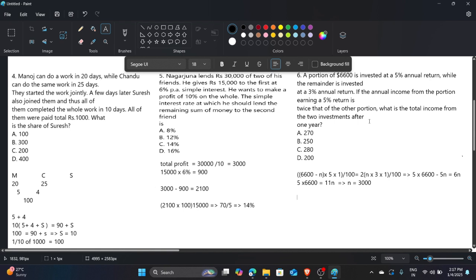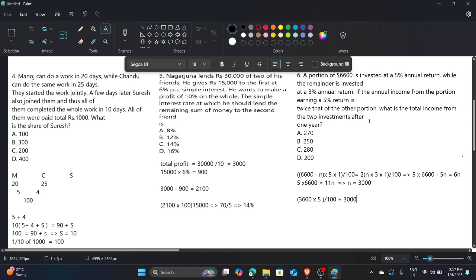So 3600 multiplied by 5. I'm not taking 1 because no need to take it. That's the total profit they need. So just do this, no problem.